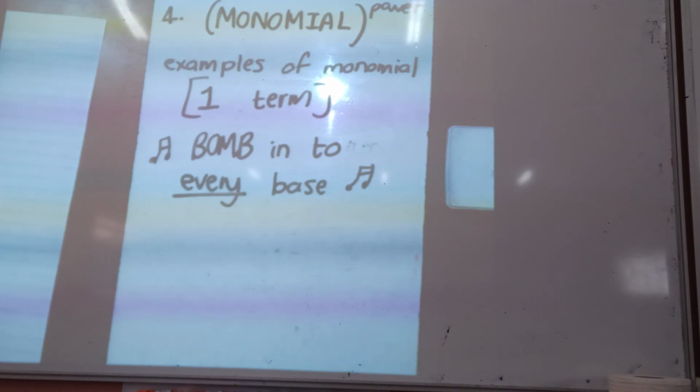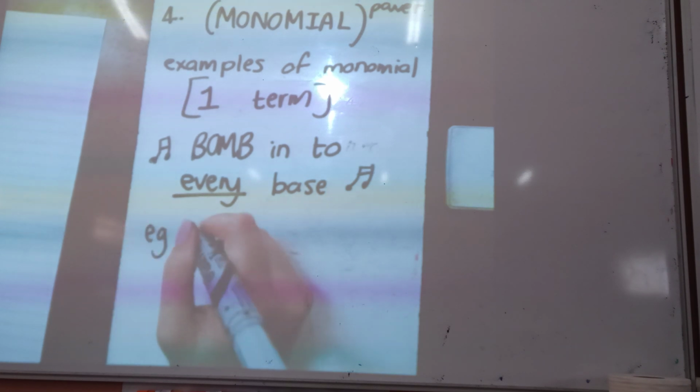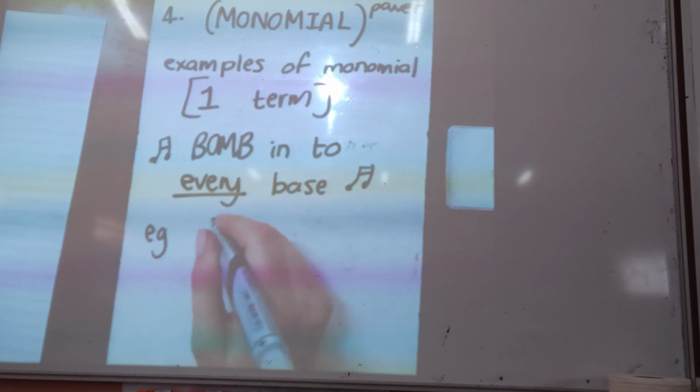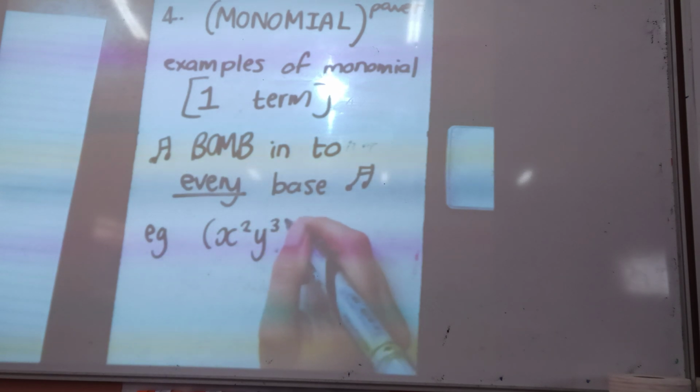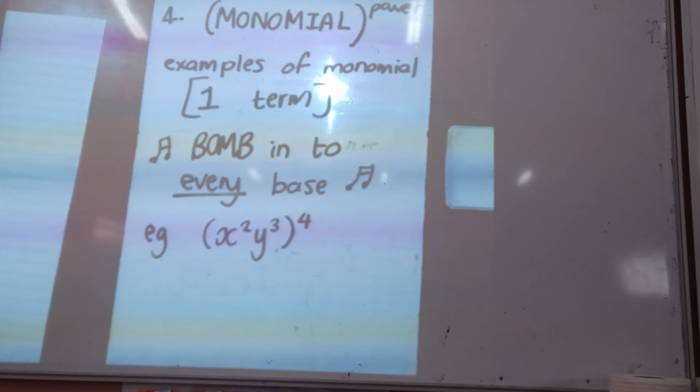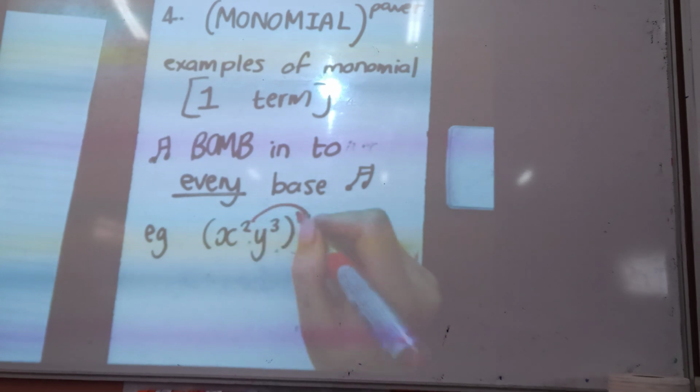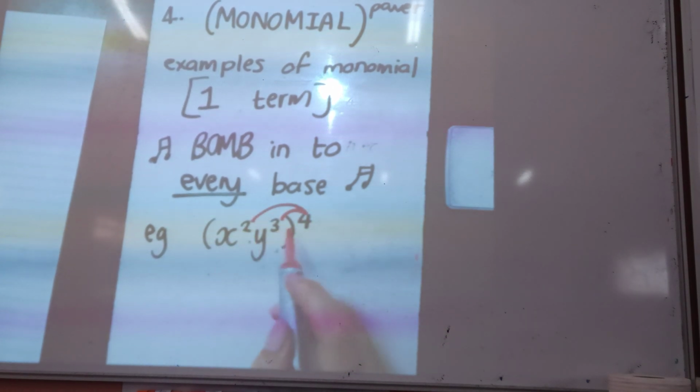Okay, so I'm going to give you some examples. Example, if I had, for example, x squared y cubed raised to the power of 4. How many bases do I have? 2. Is it a monomial? Yes, there's an imaginary multiplier in between. So that means I bomb in. Now, remember, this is a power to a power.